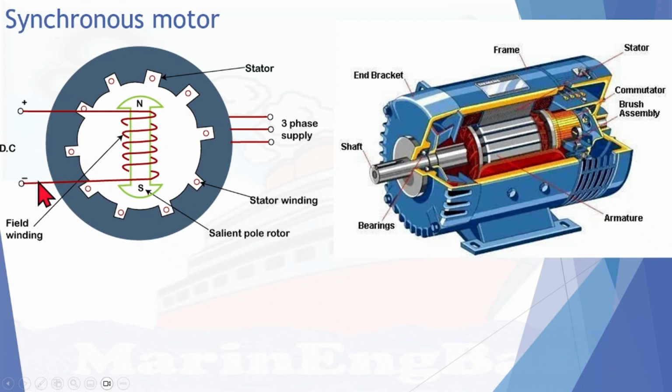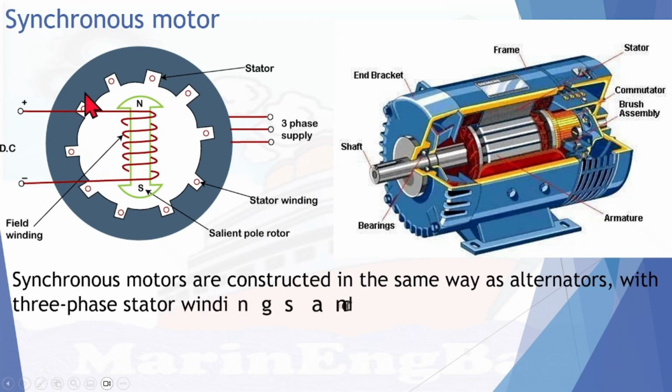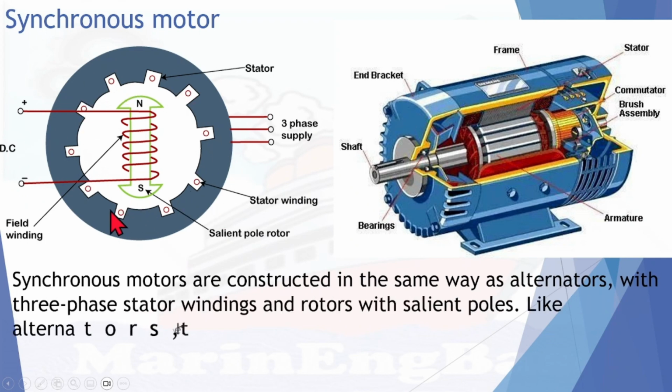You can supply a DC supply, so then there will be a north-south magnetic field. The problem is, let's say you have a north-south magnetic field here and the rotor is stationary because you supplied a DC supply externally. And if you supply a three-phase supply to your stator winding, there will be a rotating magnetic field.